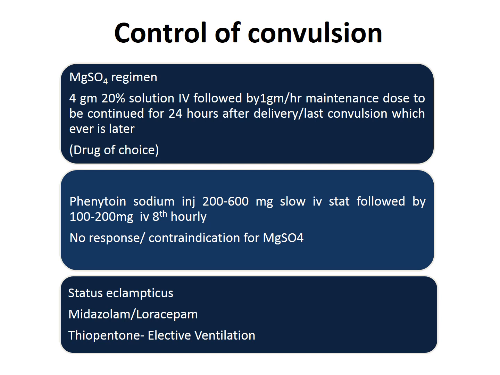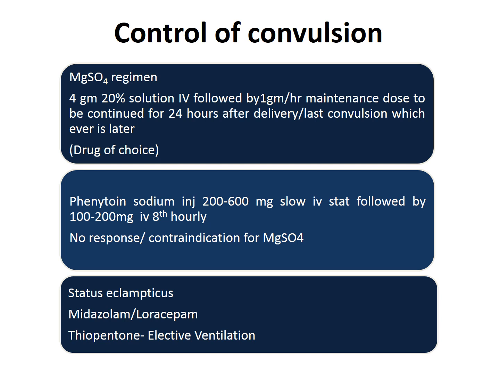This is followed by a maintenance dose of 1 gram per hour, and this maintenance dose should be continued for 24 hours after delivery or after the last convulsion, whichever is later. And you have to take all the precautions of giving magnesium sulfate as we have dealt with earlier.